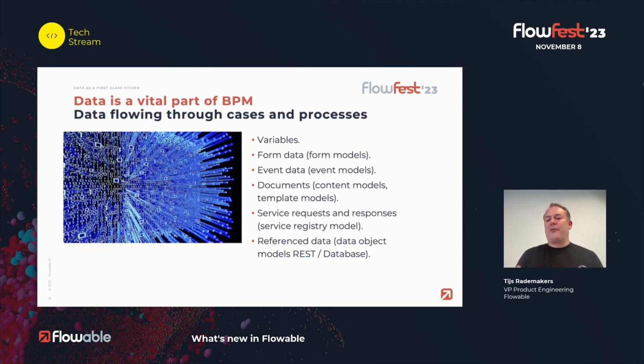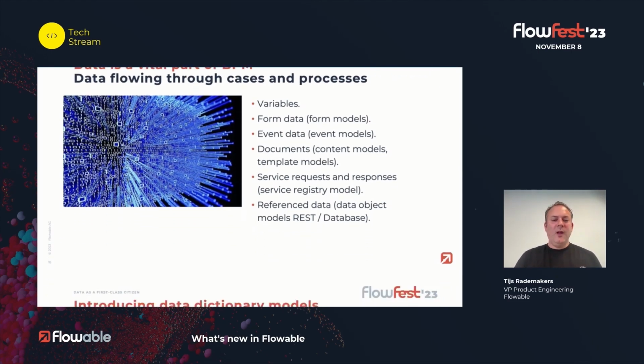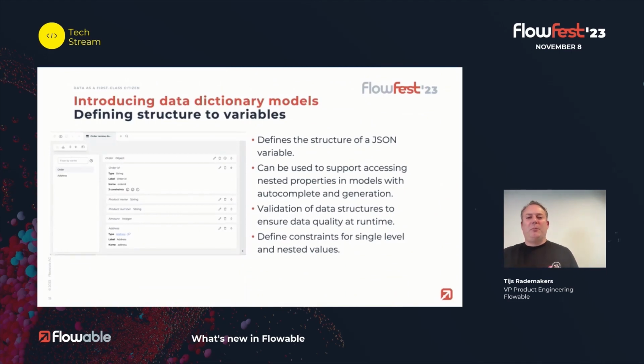And for example, also referenced data, where you use data objects and you reference something in an external service or as part of the database. And so it's really an important part, and that's why we emphasize that even more in Flowable by introducing the data dictionary model, which is already available in the current version of Flowable Design and Work.